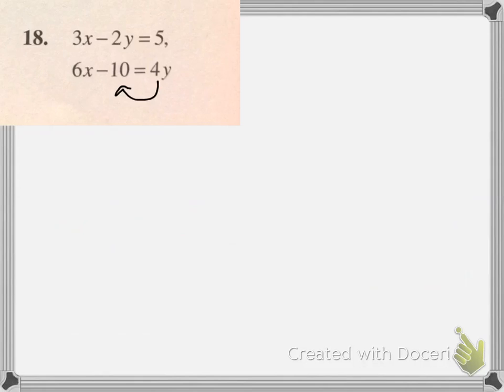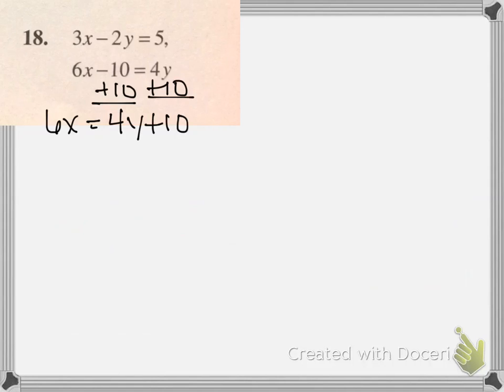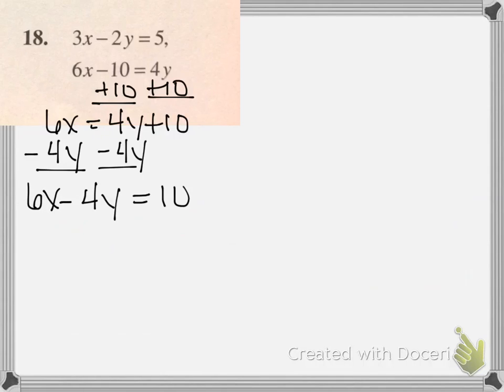In order to do that, I'm going to add 10 to both sides. That's going to give me 6x equals 4y plus 10. And then I've got to move my y over. And that's going to give me 6x minus 4y equals 10. Now it matches the format of my top equation.